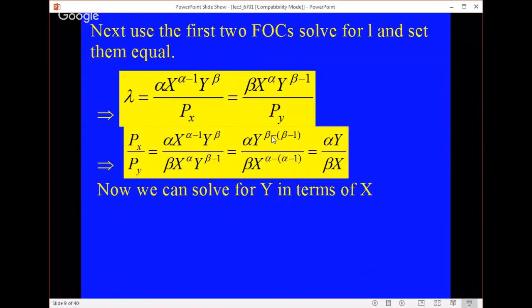So basically, I have this on the bottom, so I can write y to the beta minus 1.